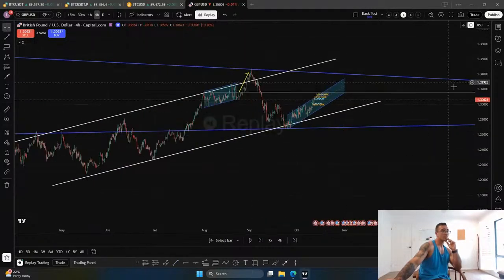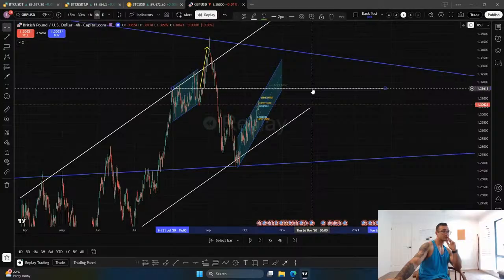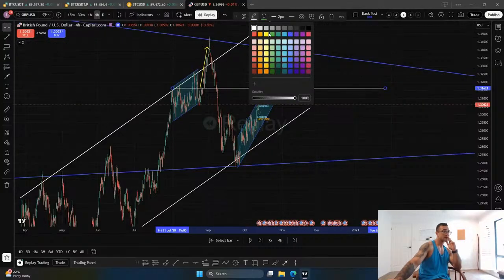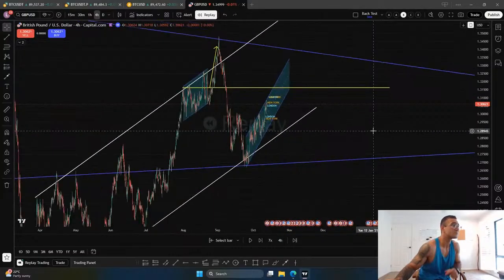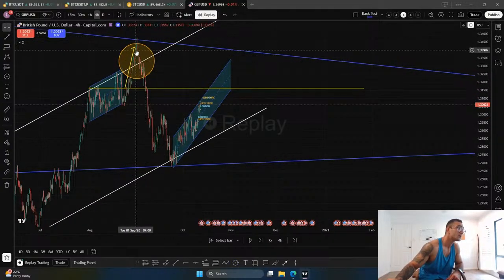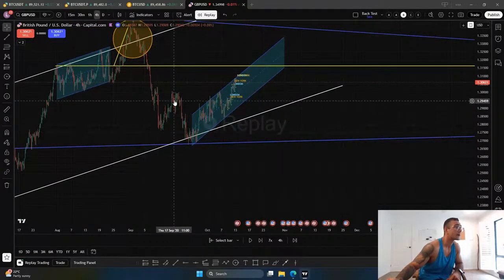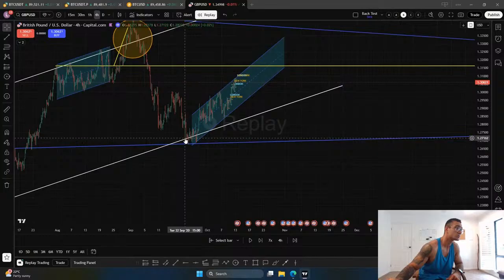So the reason I say this, right, let's just say, we'll put yellow for this meantime. There's an accumulation phase right here. We've had then, by the looks of it, a bit of a liquidity sweep before that downside move. We've also then tried to come back up before hitting this channel's support line.